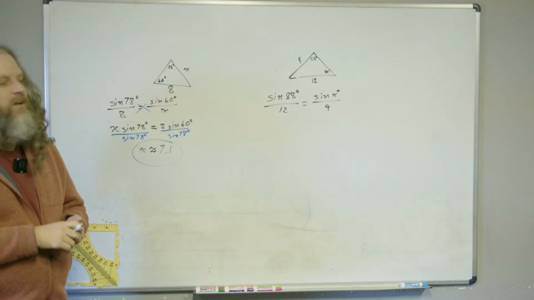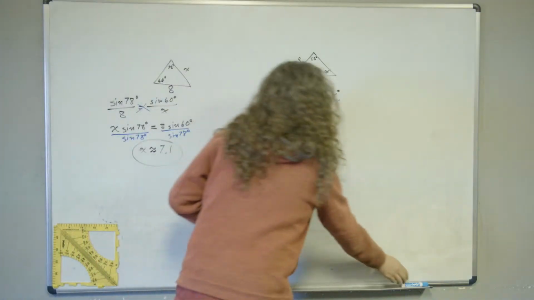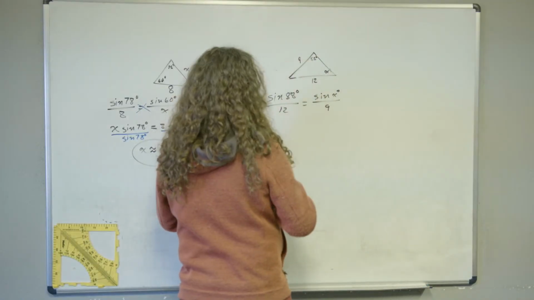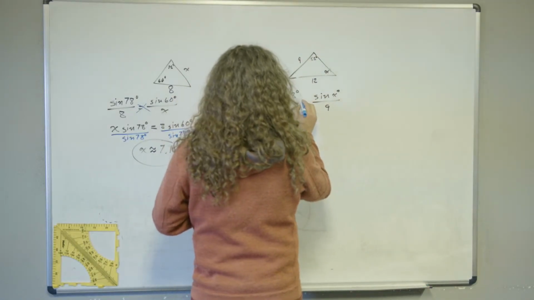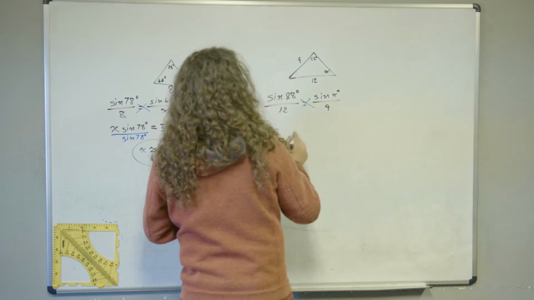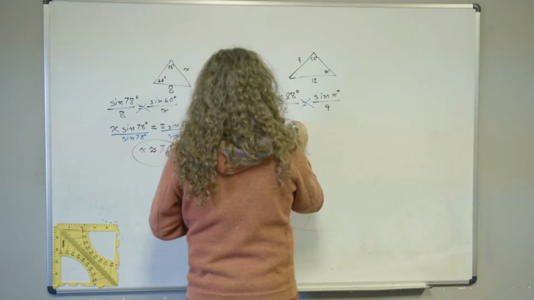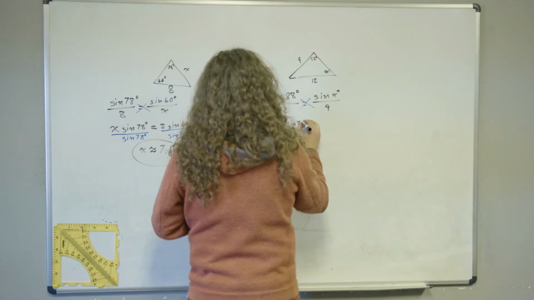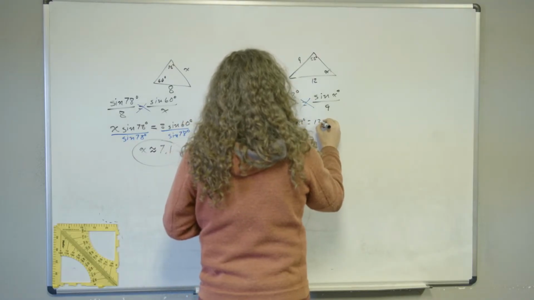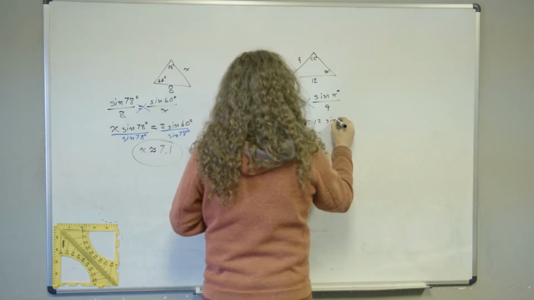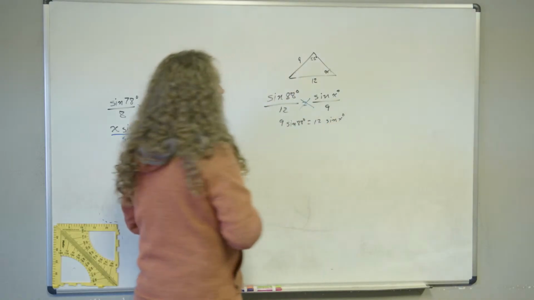Cross multiply. True enough. Okay, so we've got 9 times the sine of 88 degrees equals 12 times the sine of x degrees. So what do we do now?